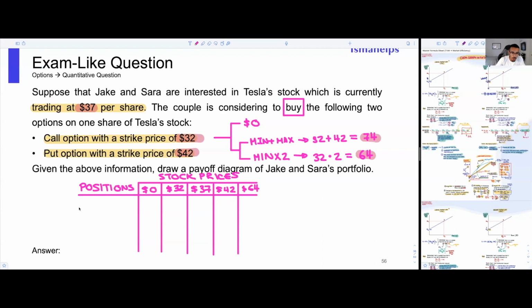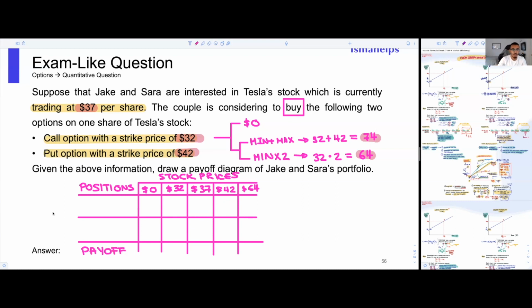So let's go about it. Actually, I'll make this a little bit bigger. Why not? We have the space. So here's one row, here's another row, and we're going to have our payoff at the bottom.